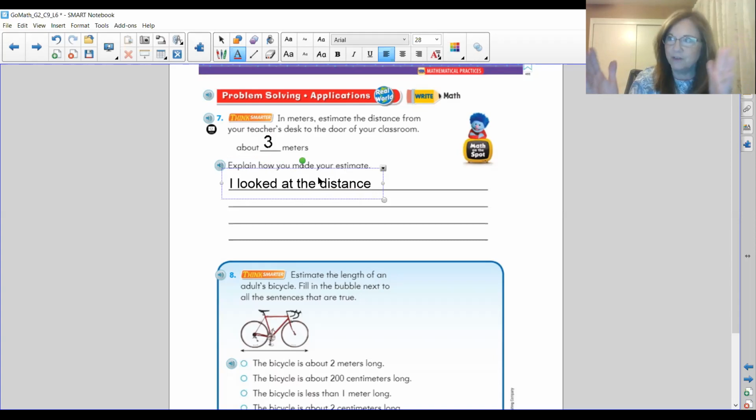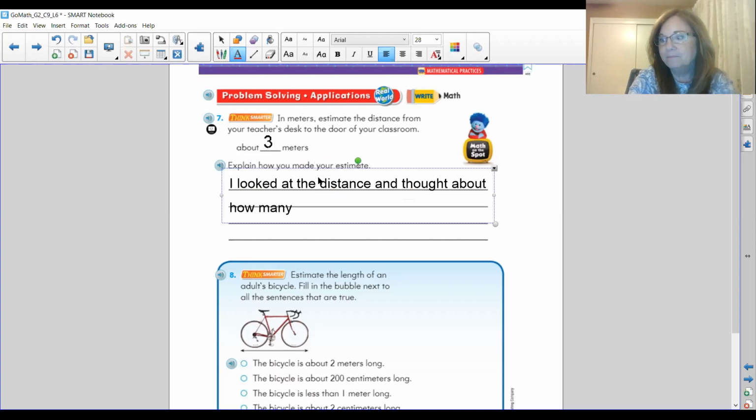Because you want to look at the distance and try to figure it out, and then you think about how many meters that might be. So I looked at the distance and thought about how many meter sticks. See, if you think about the meter sticks, and when you're looking at something and you think, how many meter sticks do I think I could line up there?